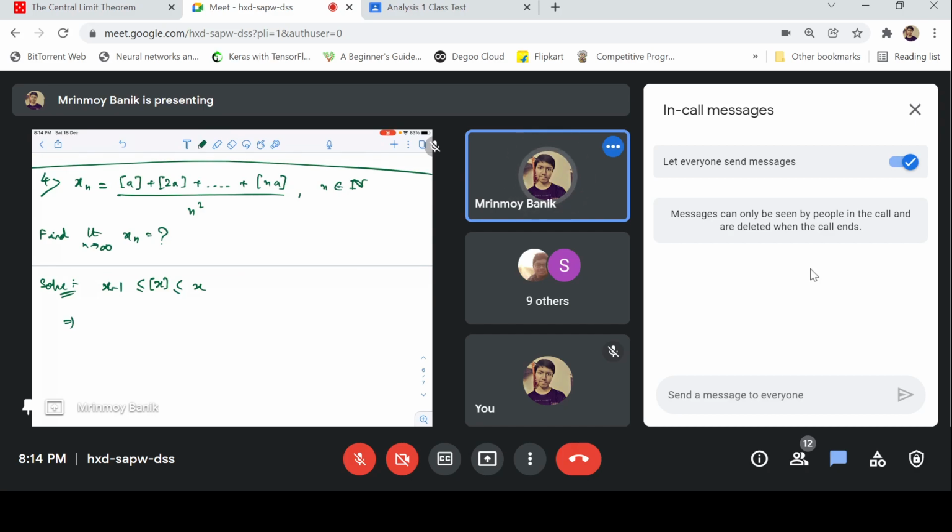Therefore this thing, n squared upon the sum over i from 1 through n of floor of ia, is bounded by the sum over i from 1 through n of (ia minus 1) over n squared.